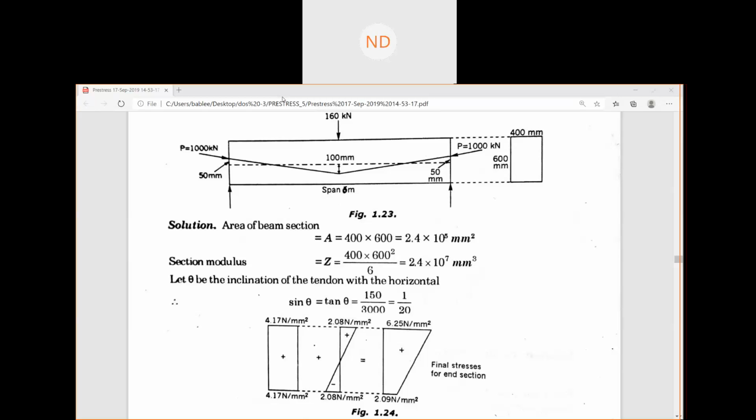Eccentricity was how much? Due to eccentricity, calculate.